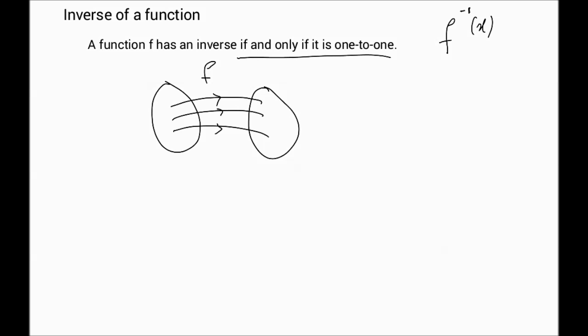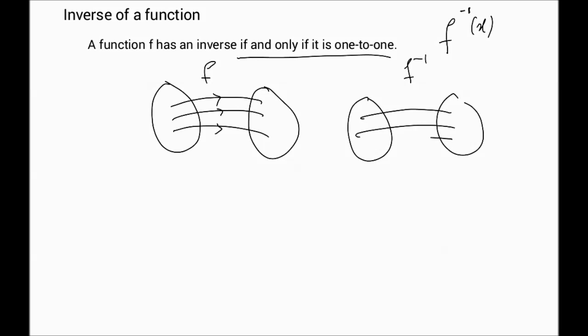That's how we symbolically write it. The inverse function, in other words, if I take the same 2, goes from here, so it's mapping things back from the range to the domain.